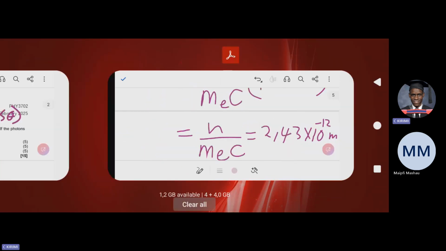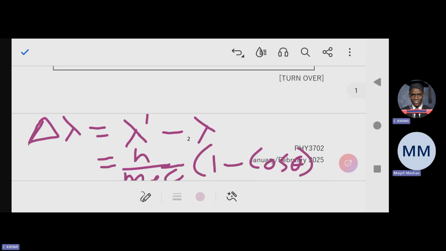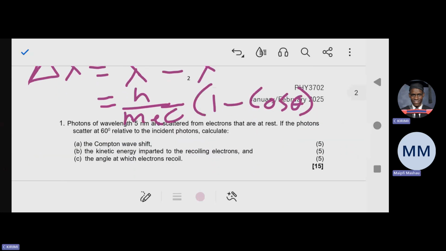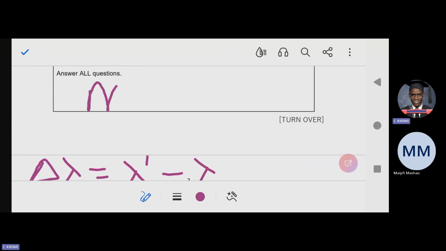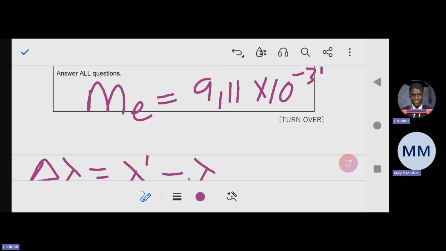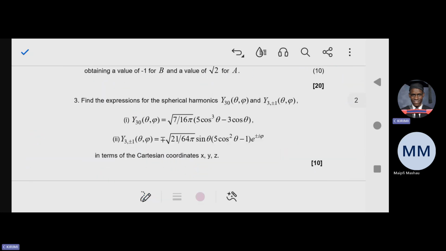Because on the question we are only given the wavelength, and we are not given the mass of the electron, you must know well that the mass of an electron, m_e, is 9.11 times 10 to the power negative 31 kilograms.